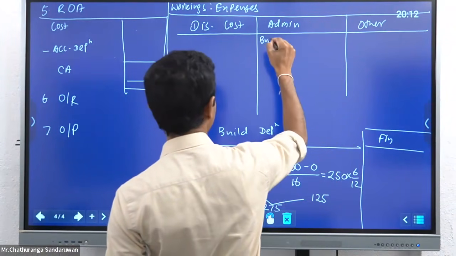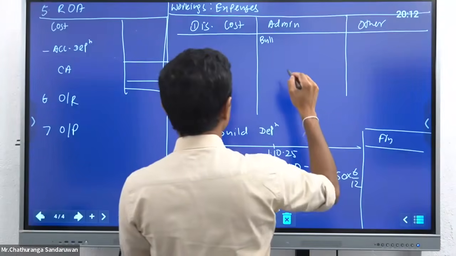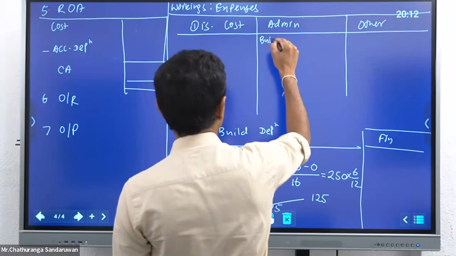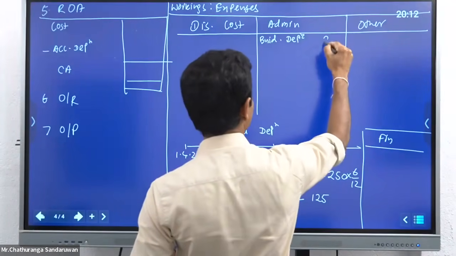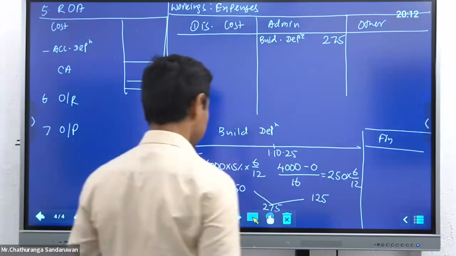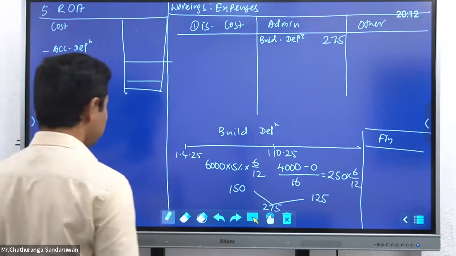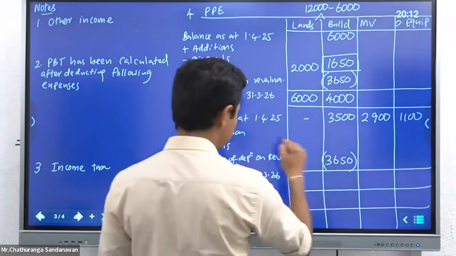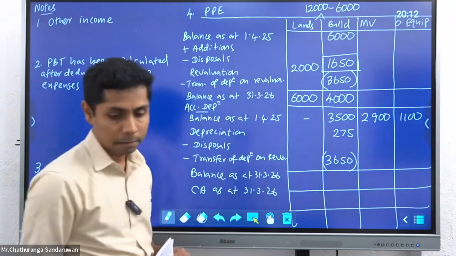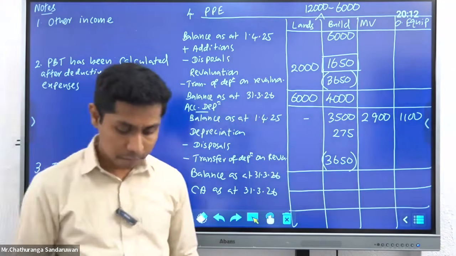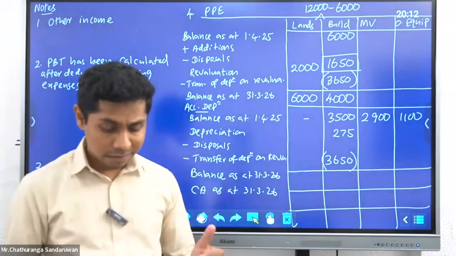So buildings depreciation should be 275. And in the PPE note, the depreciation for the period is 275. All right. So we have done that adjustment as well.